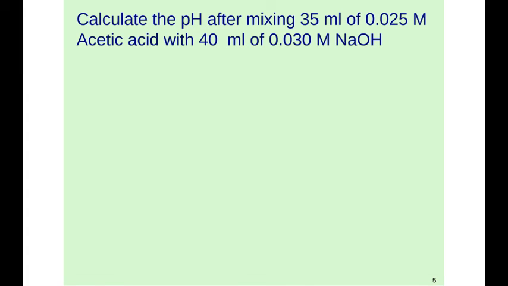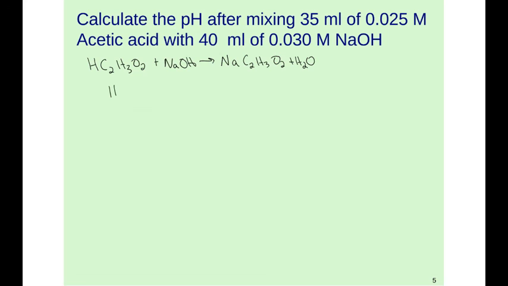So here we have another neutralization. We want to know, after we neutralize our acetic acid and our sodium hydroxide, after we mix those two together, what the pH is. So what we should start off doing, as we always do, is writing our balanced chemical reaction. And anytime you're dealing with a strong, you also want to write a net ionic equation to cancel out those spectator ions.